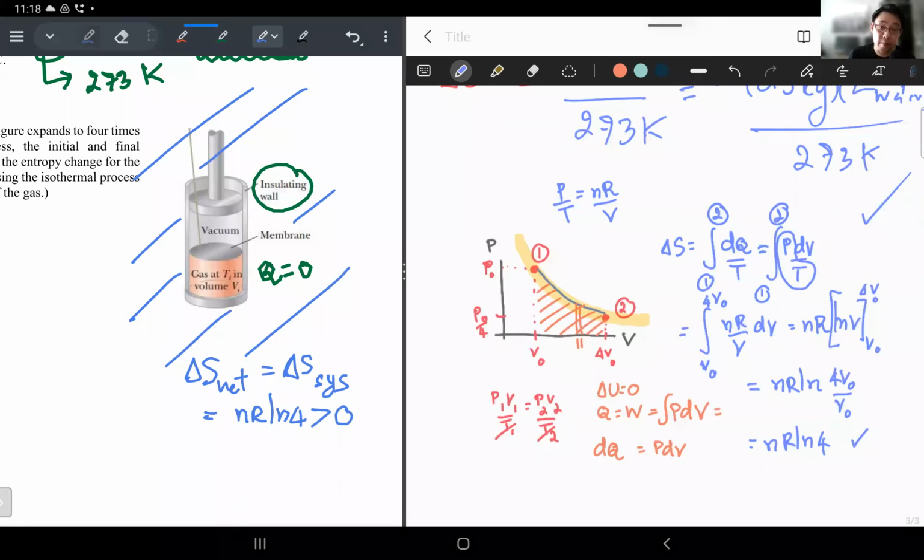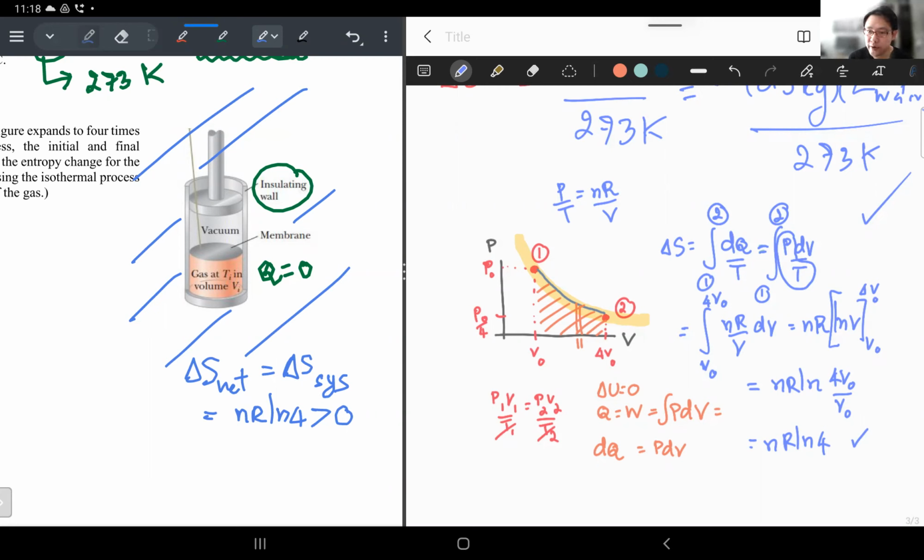But in the second law, if the expansion of the gas happens inside the insulating wall like this, the entropy change is positive. This corresponds to your everyday experience: when gas expands, it's not going to contract back by itself.